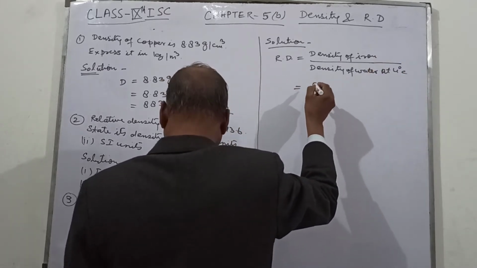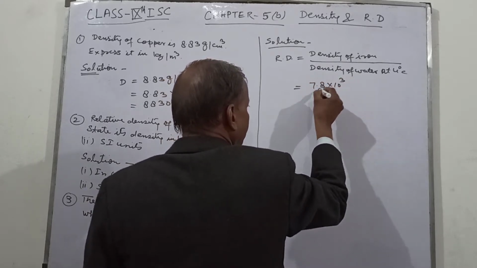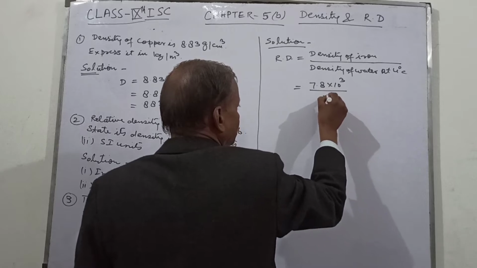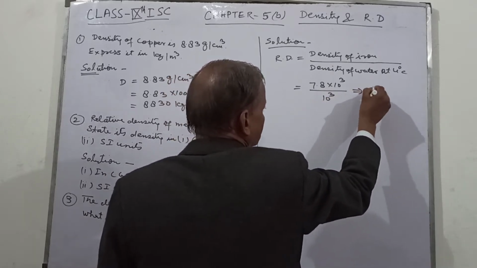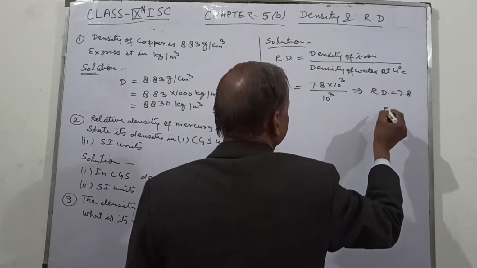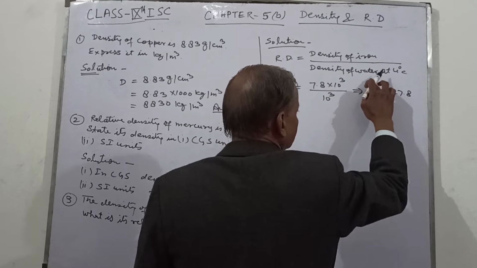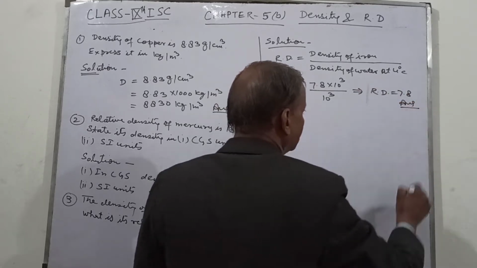So this is given: your 7.8 into 10 raised to the power 3, and this is your 10 raised to the power 3. So RD equal to 7.8. This is the answer.